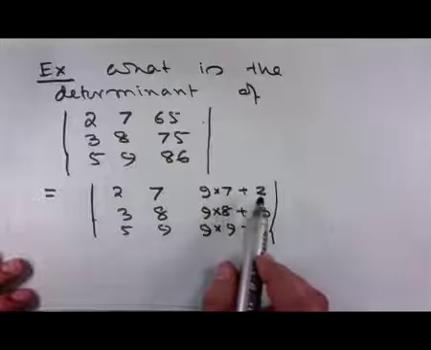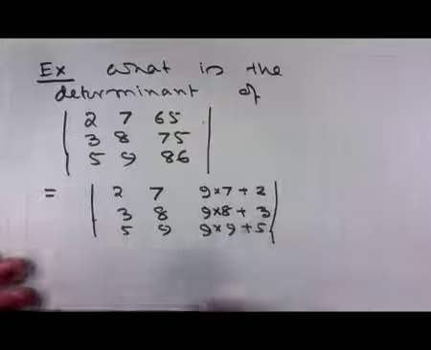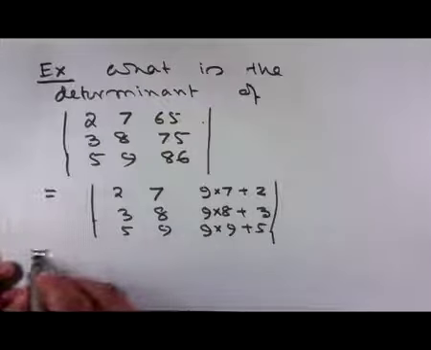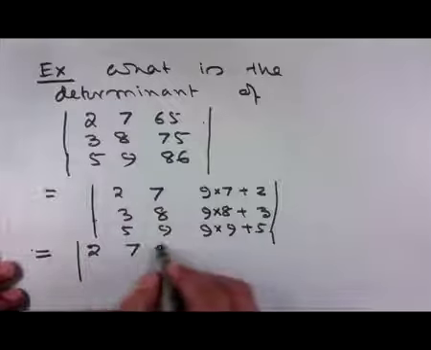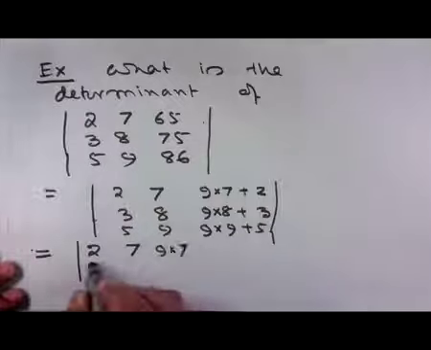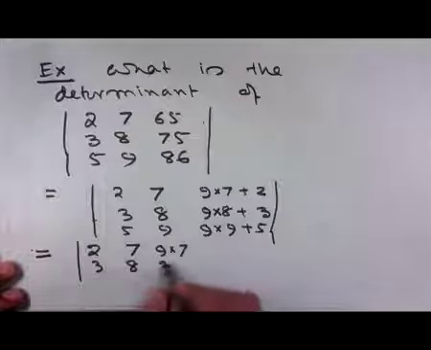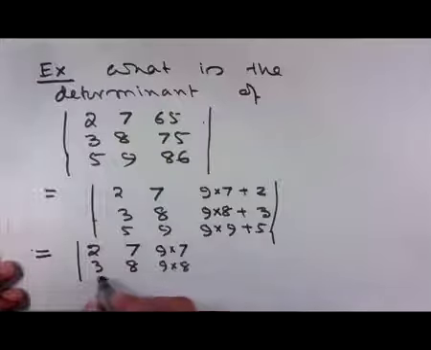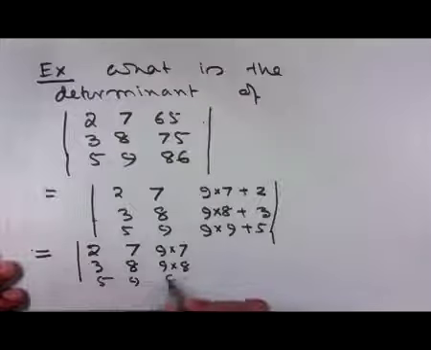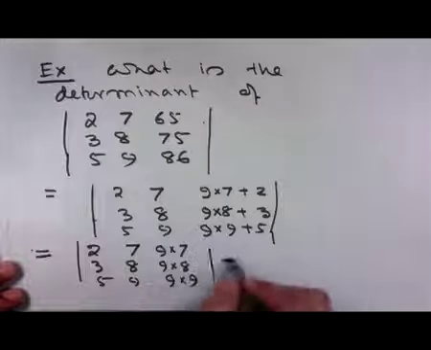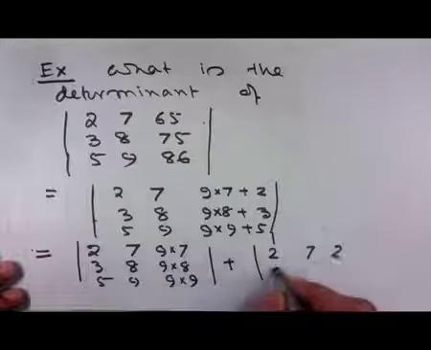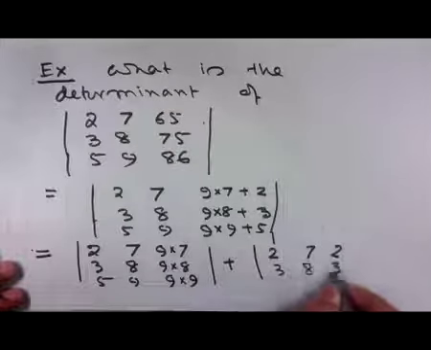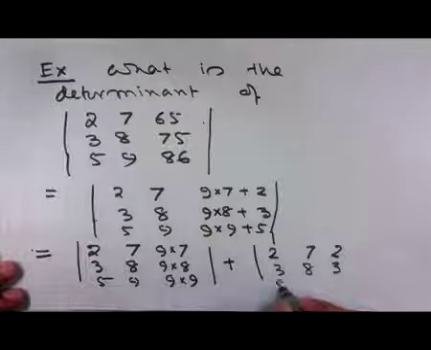Since the column is expressed as the sum of 2 elements, I can write it as the sum of 2 determinants: the determinant of 2, 7, 9 into 7; 3, 8, 9 into 8; 5, 9, 9 into 9, plus the determinant of 2, 7, 2; 3, 8, 3; 5, 9, 5.